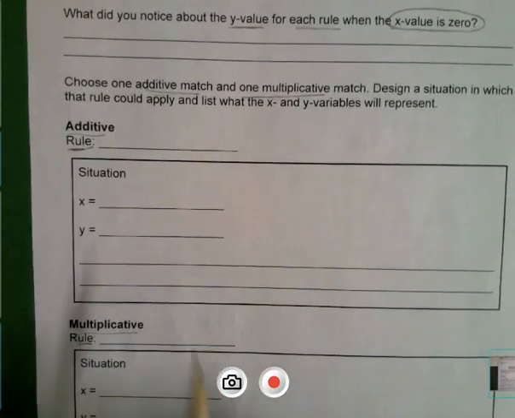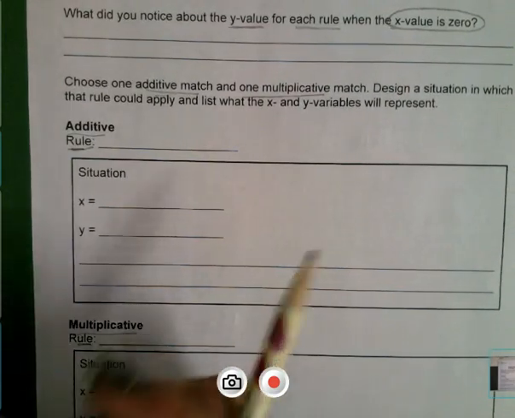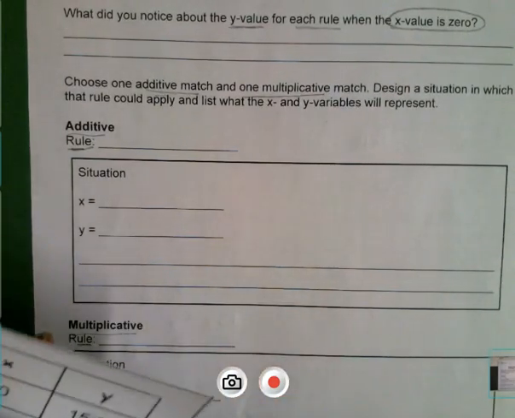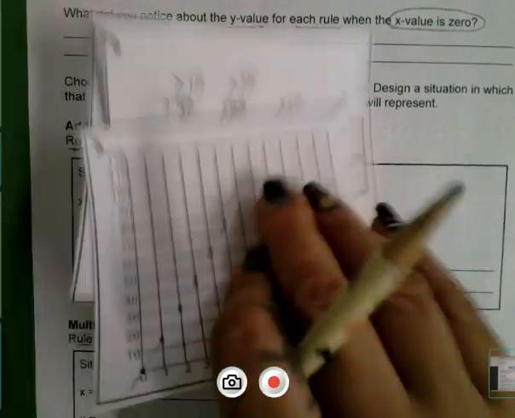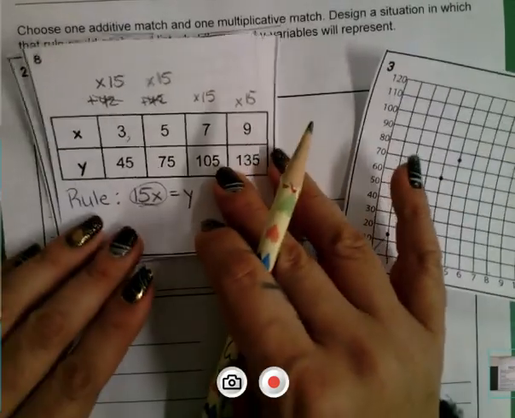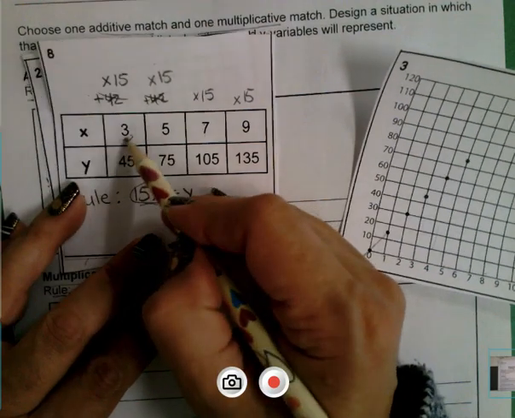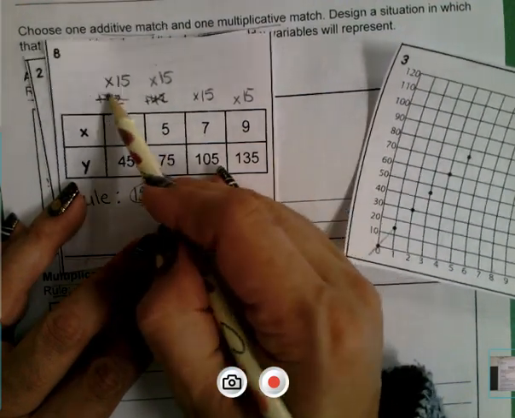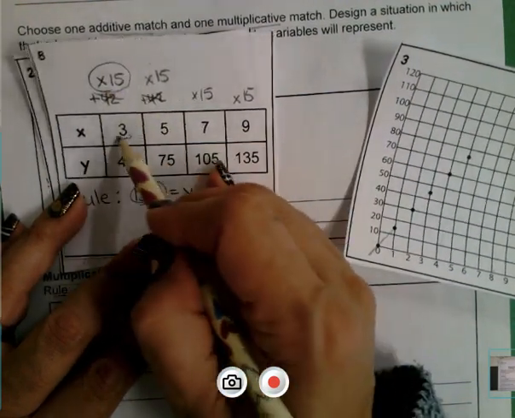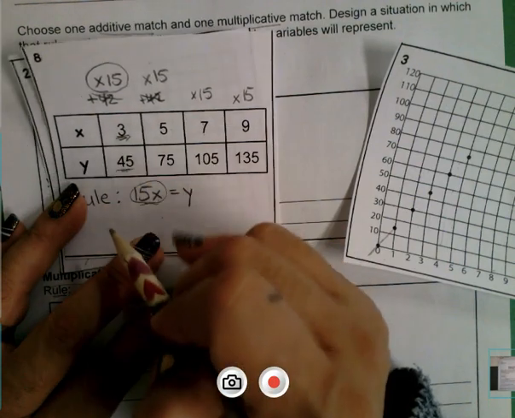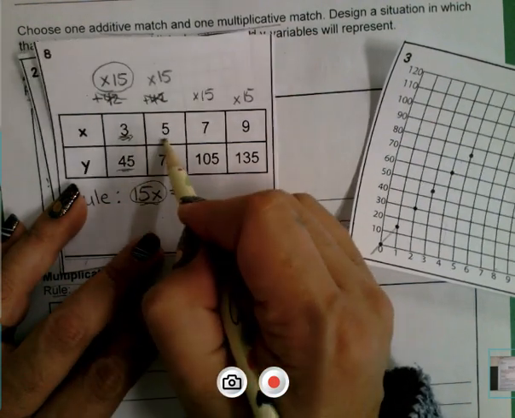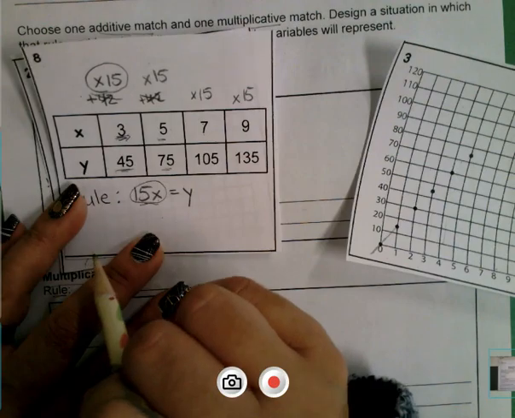Remember on one of the other ones we had, what were they called? The necklaces. So if I had 3 necklaces and they cost $15 each, I would make $45. If I had 5 necklaces, I'd have $75.